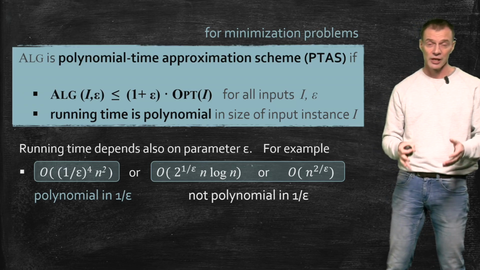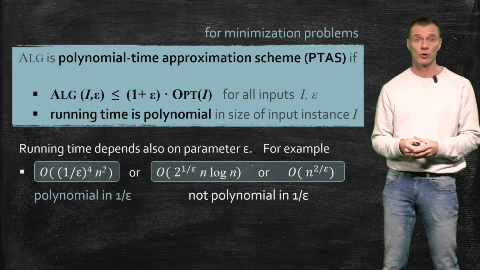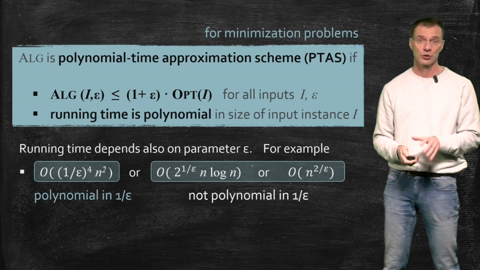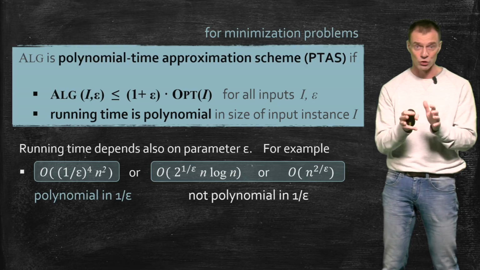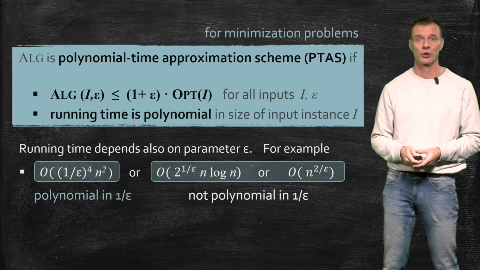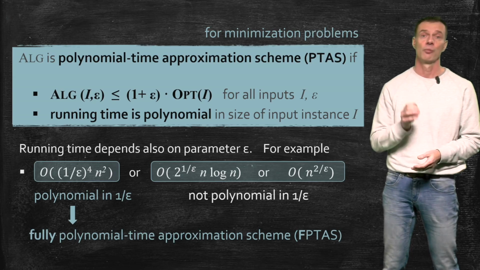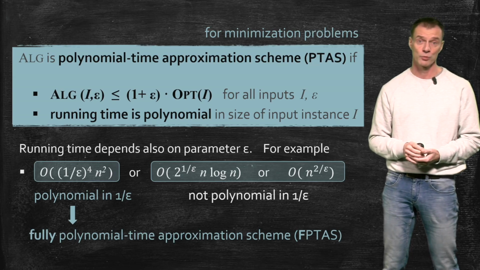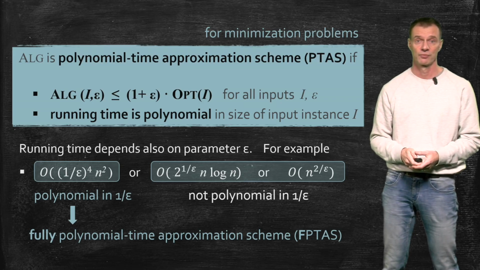Well, obviously, it's nice if not only the dependency on n is polynomial, but also the dependency on 1 over epsilon. So for these polynomial time approximation schemes where also the dependency on 1 over epsilon is polynomial, there's a special name, and they're called fully polynomial time approximation schemes, or in other words, FPTASes.